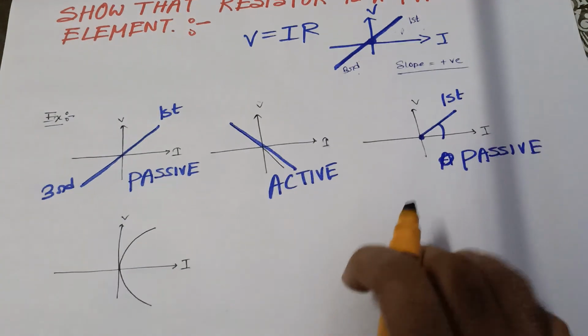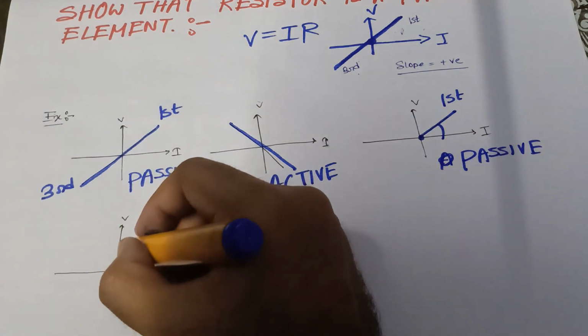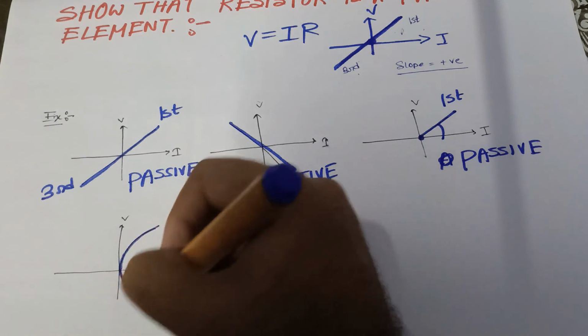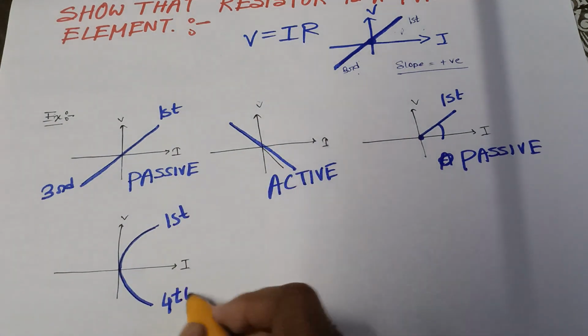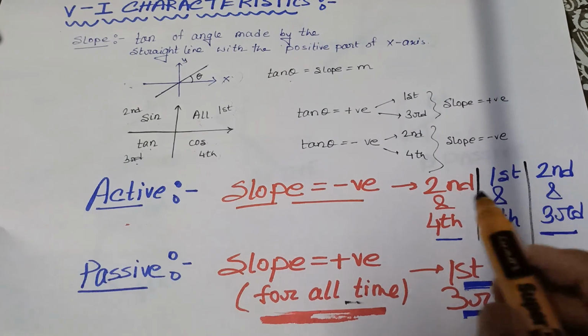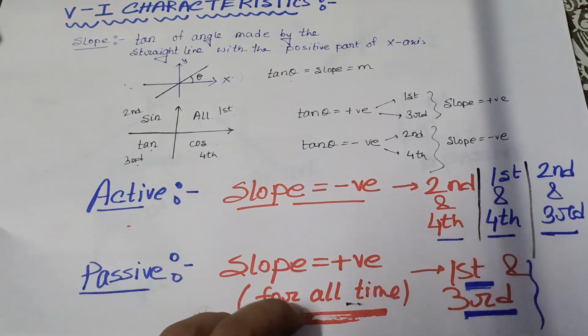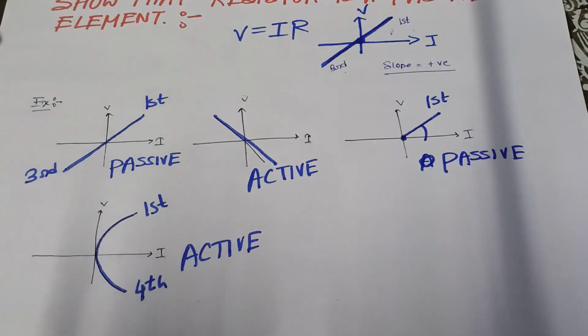Okay. In this case, see, this is a curve lying on first and fourth quadrant. And as I have already mentioned, a graph lying on first and fourth quadrant will be the characteristics of an active element.